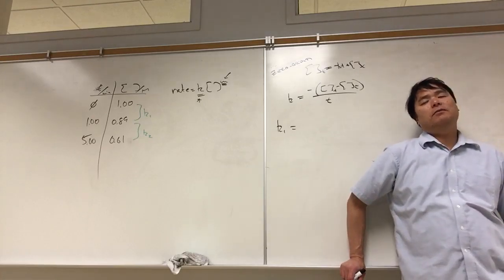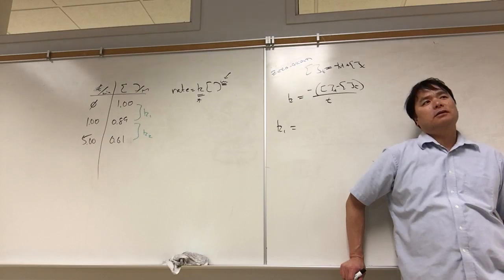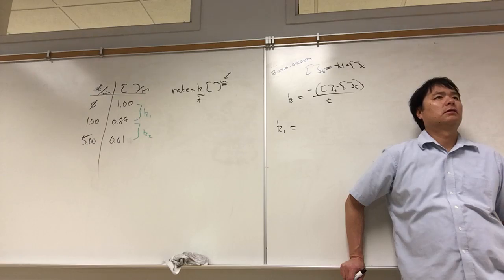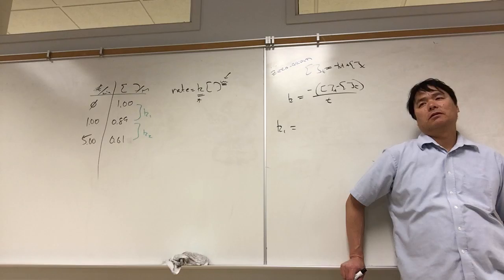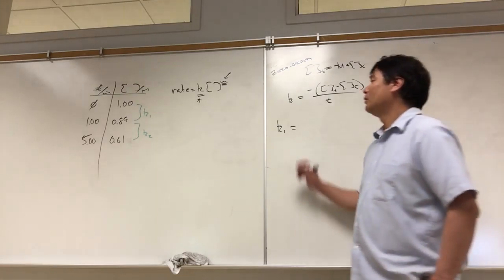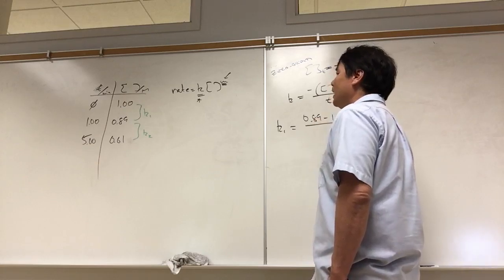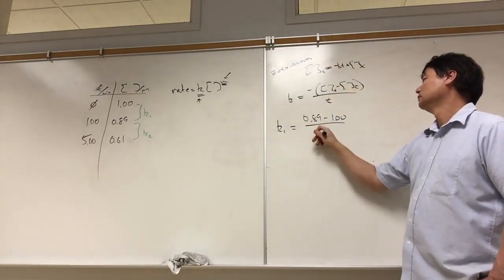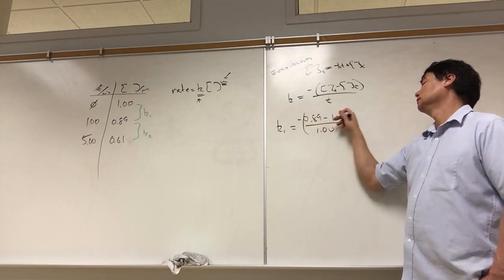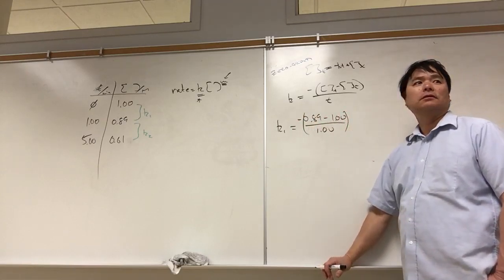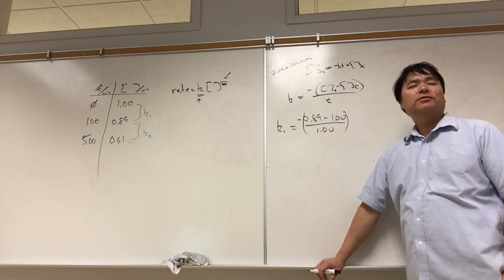I mean, do you have the one we did in class in your notes? Yeah, okay, so what do I do next? Yeah, 0.89 minus 1 divided by... Does this look familiar?